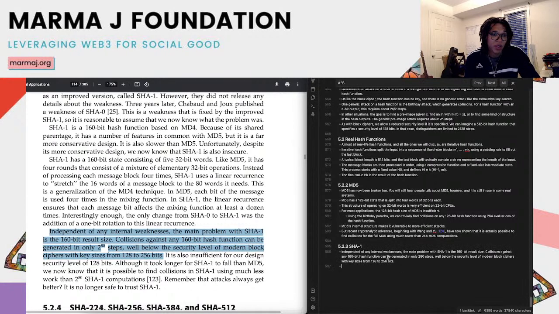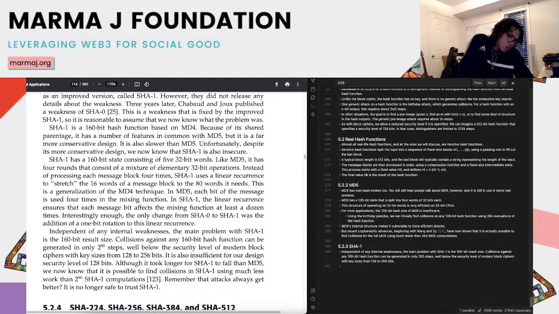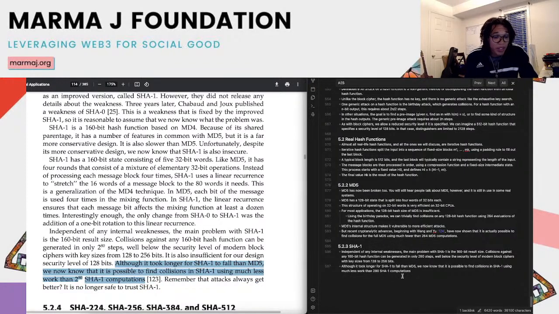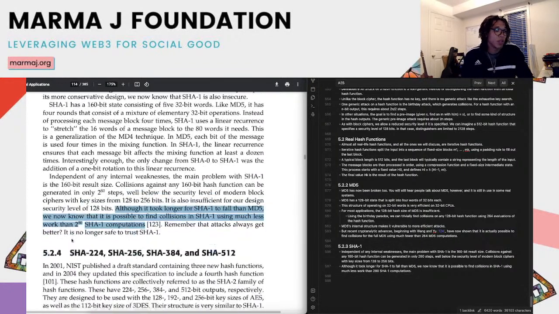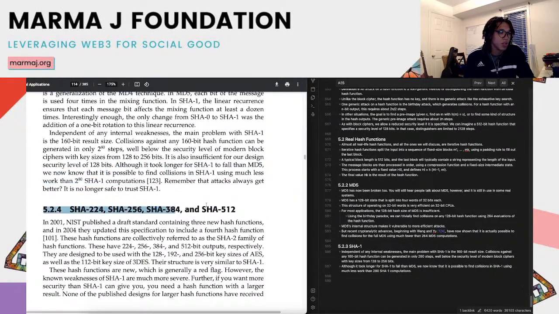I'm just gonna write that for now. Okay, and then... Okay, so there's also a way to actually attack SHA-1 anyways, so not too big of a deal. We can go into those things later.